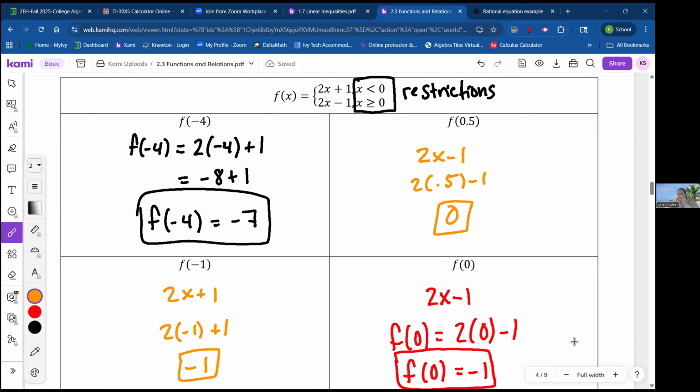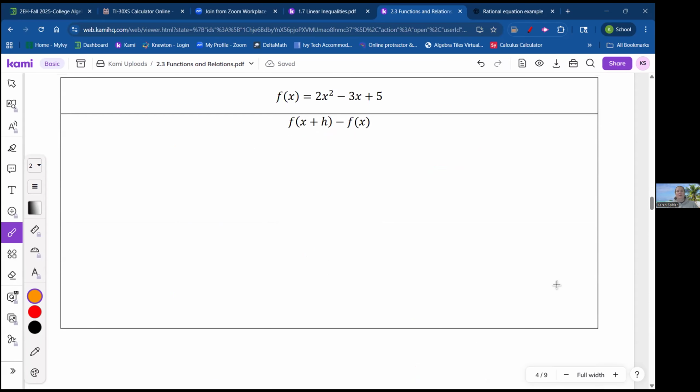All right, so now we're going to start doing some domains and intercepts. Shouldn't be too long. Oh, wait, nope, just kidding. I forgot about this problem. Okay, so this particular problem, we're going to substitute in x plus h and then subtract the original function.